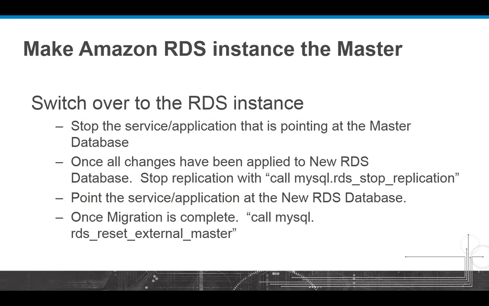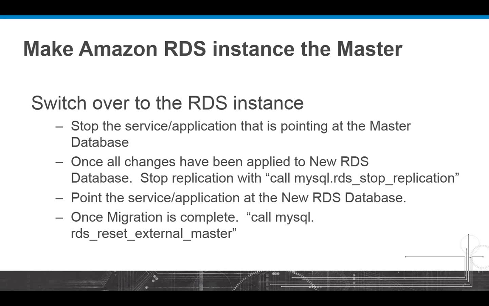Okay, so after the replication stream is established, you might want to stop the service or application that is pointing at the master. This is to ensure that you don't keep collecting updates on your master instance, because as you keep collecting them, they need to be caught up with the RDS instance.